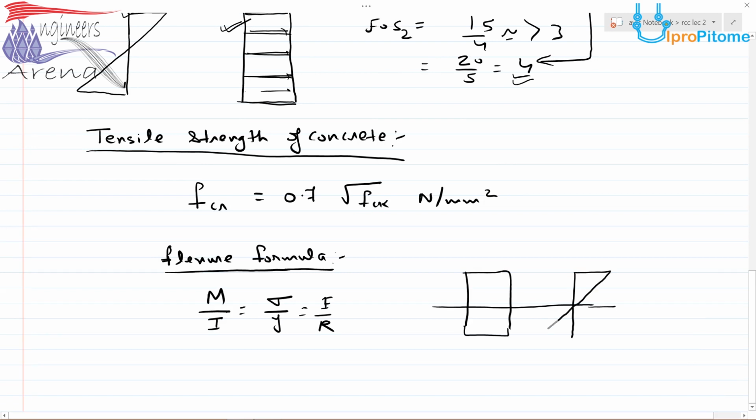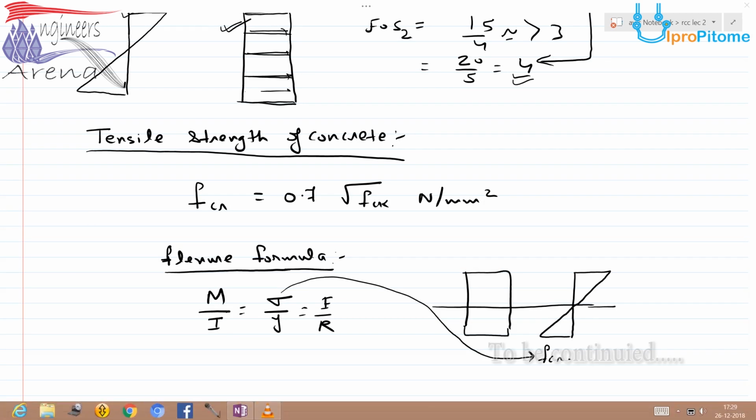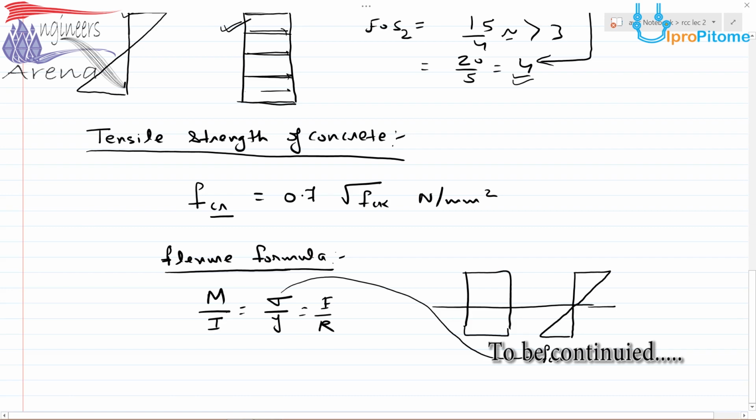We are loading it, and then the beam bends. So this bending stress is basically fcr. This is sigma in the tensile zone. This is fcr, and since this is CR, this is also known as cracking bending stress.